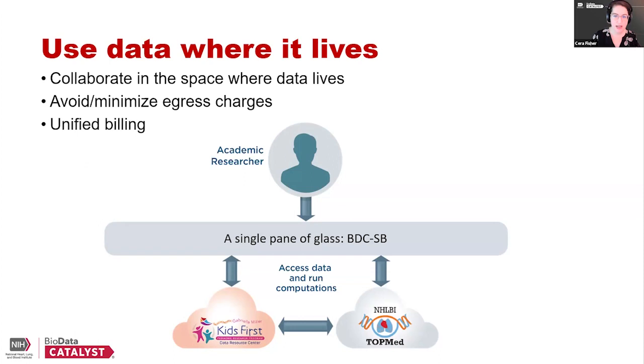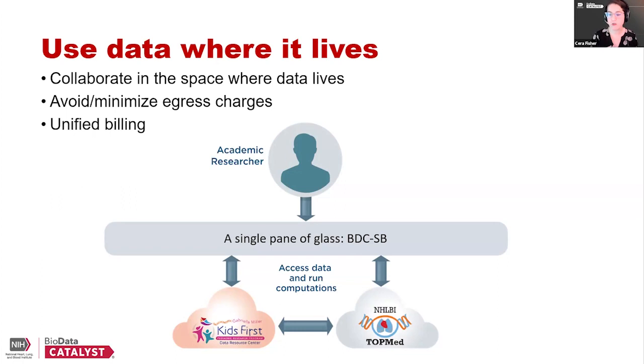BDC powered by Seven Bridges acts as a single pane of glass. It gives you access to the data and the software, and lets you very seamlessly combine data from different sources and operate on them where they live, delivering all that to you in one interface.